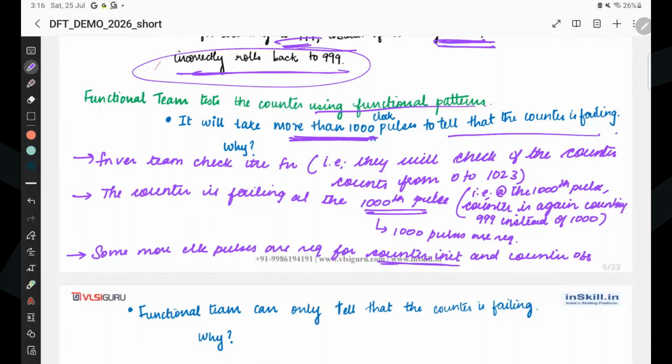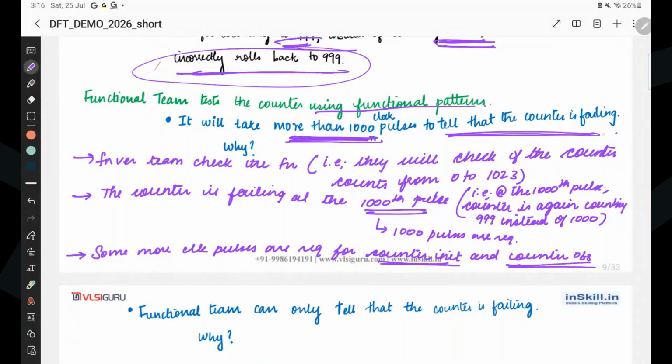And counter observation means the output of the counter has to be taken to some register and the register has to be read. So that's why we can say that the functional verification team will require more than 1000 clock pulses to tell that the counter is failing.